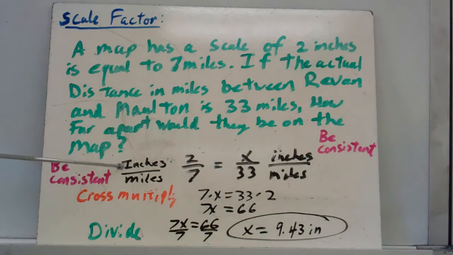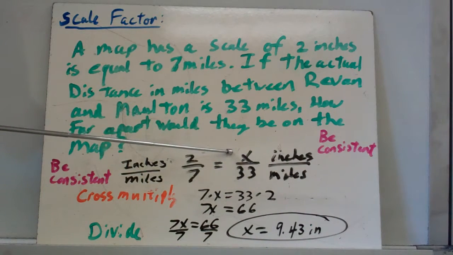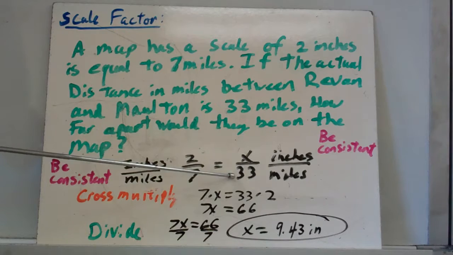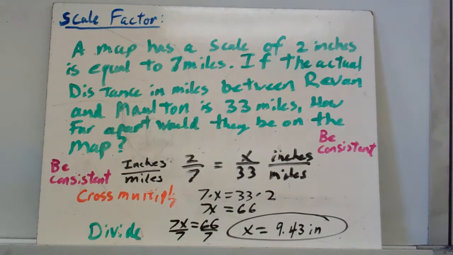If I'm putting the inches on the scale, which is 2 inches is 7 miles, I need to do the same thing for the other ratio. We're looking for inches, but we know that the distance between those two towns is 33 miles. So again, inches over miles here, inches over miles here, being consistent.